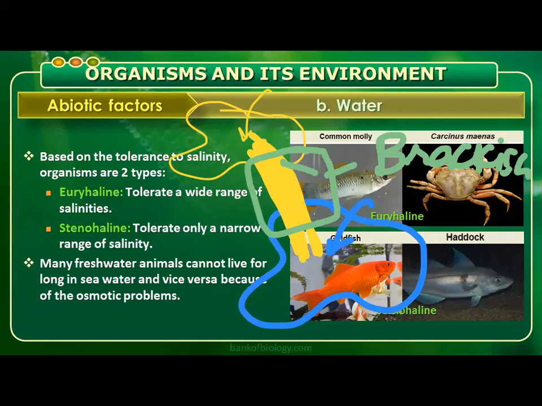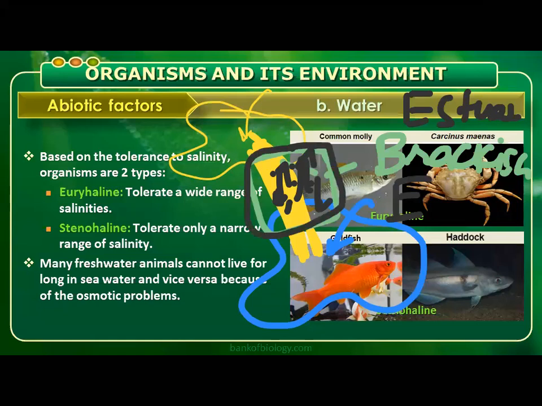Here salinity fluctuations are high and low; sometimes the salinity is high, sometimes low. So organisms living in this particular area should be euryhaline.